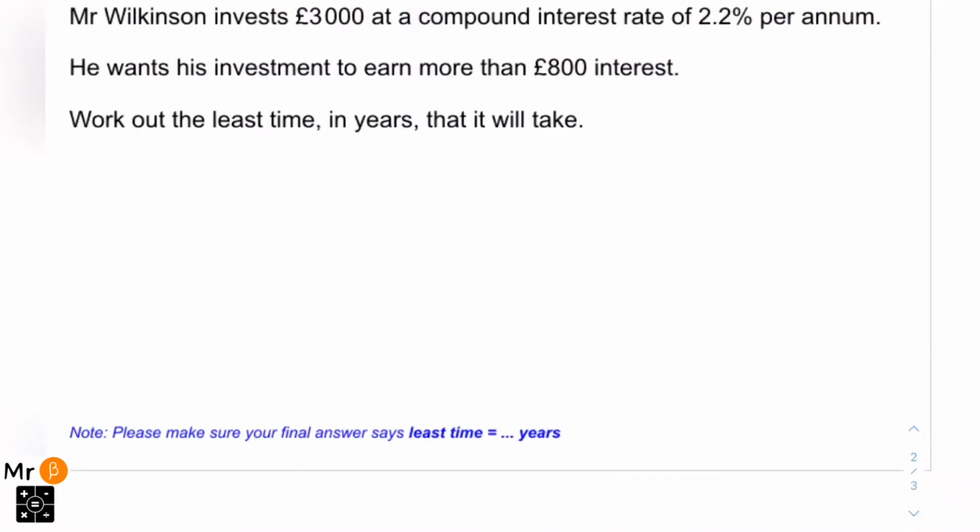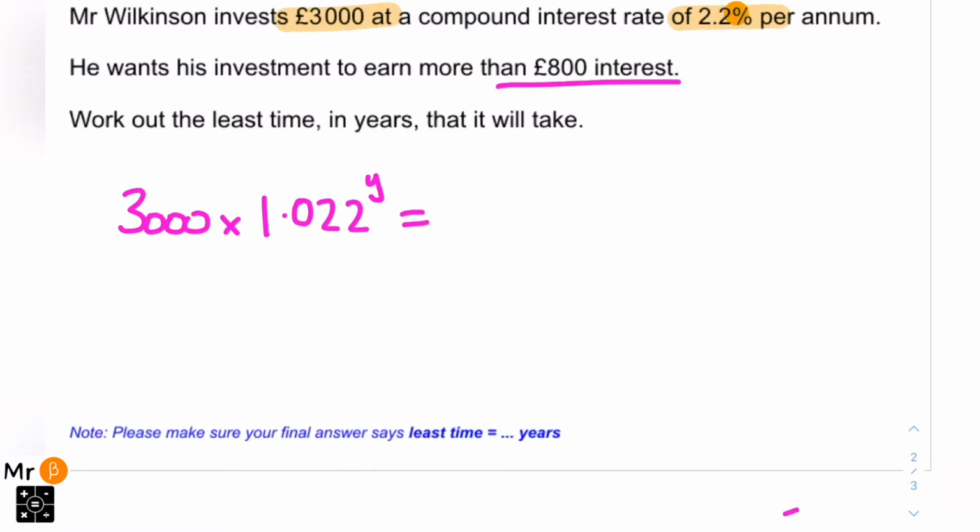Okay, so our last question. This time, it tells you the amount he's investing, £3,000. It tells you your percentage. So add that to 100, then divide by 100, and you get 1.022. We don't know how many years, so I'm going to call this Y. But he wants to make sure that he's had more interest than £800.